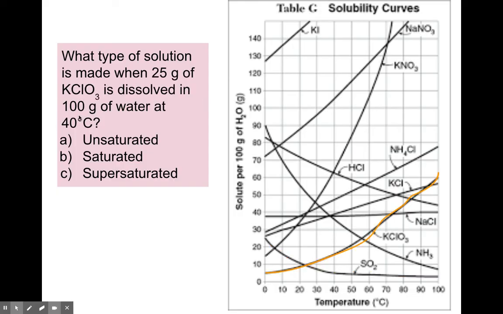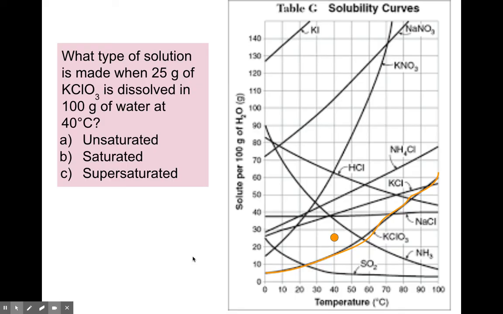Okay, 40 degrees, 25 grams of KClO3. Go put a dot there and then compare it to what normally can hold. So this is the curve we're looking at. We ignore the rest. We go to 40 degrees and 25 grams is where our dot goes. It's 40 degrees, 25, put a dot.